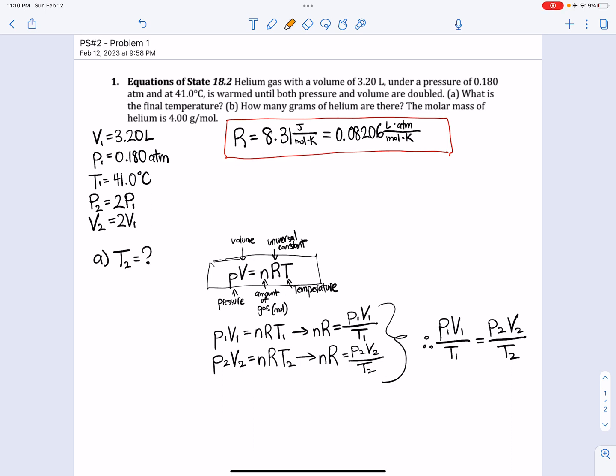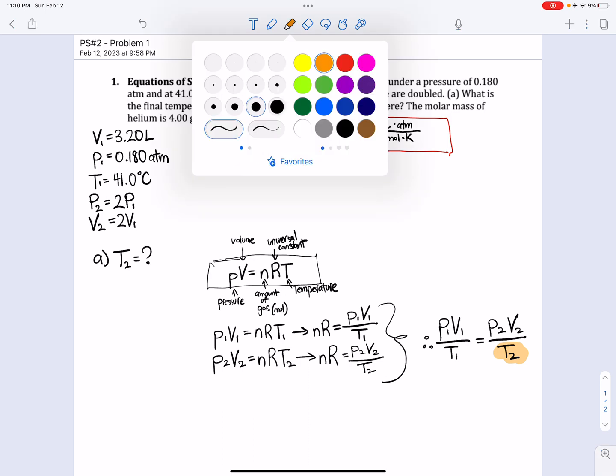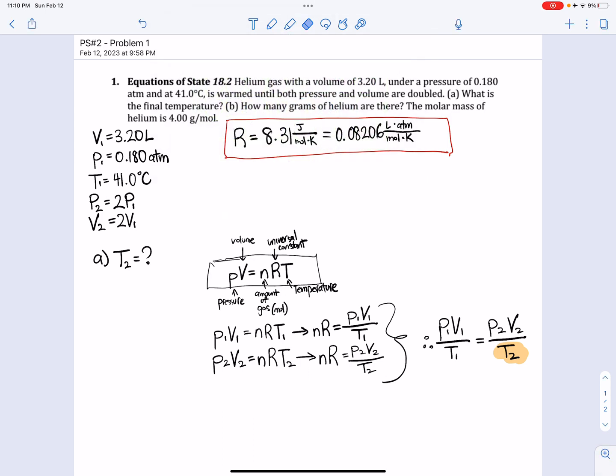And I am looking for T2. In fact, everything else here is given. V1, I've got V1. P1, I've got P1. T1, I've got T1. P2, and V2. So at this point, it's just a matter of plug and chug, and I should be able to find T2.